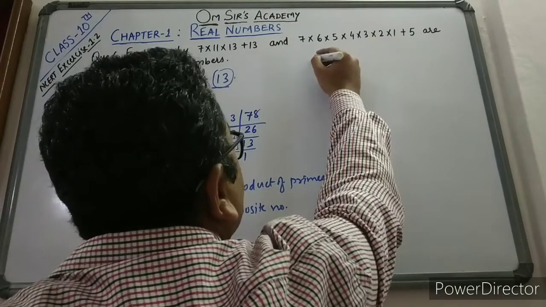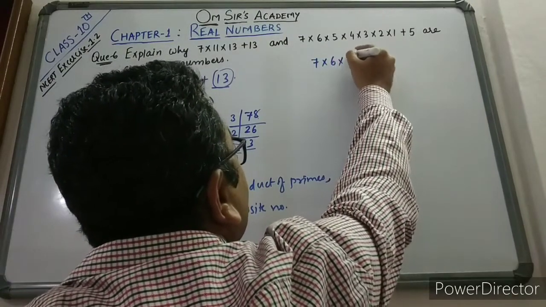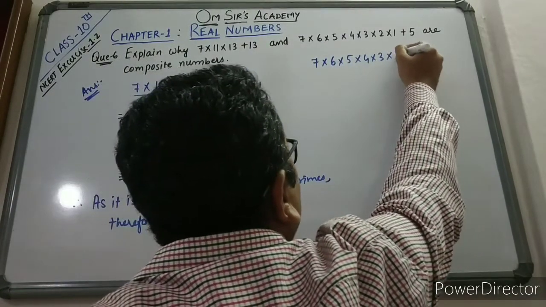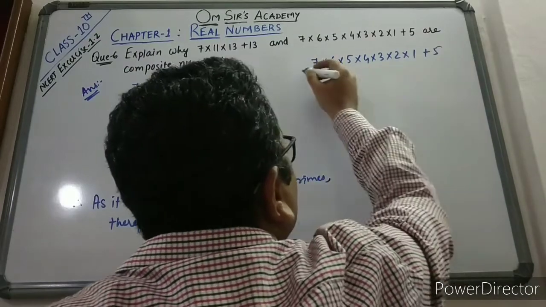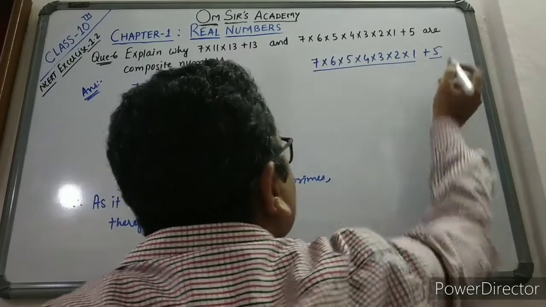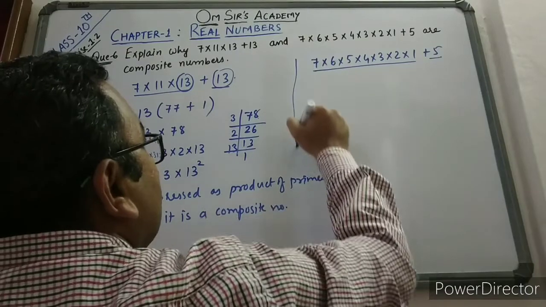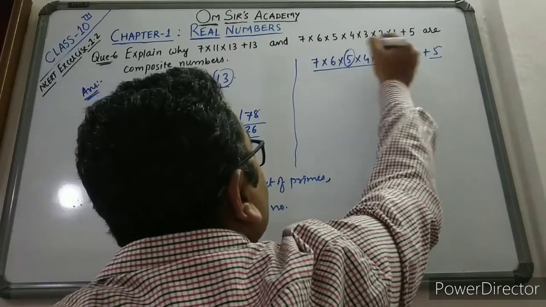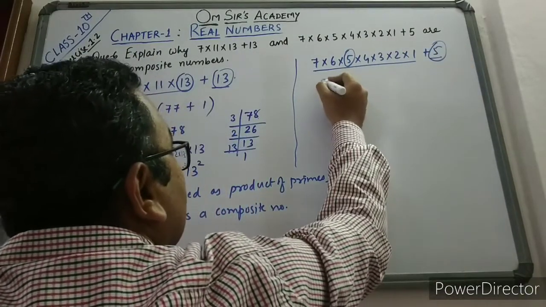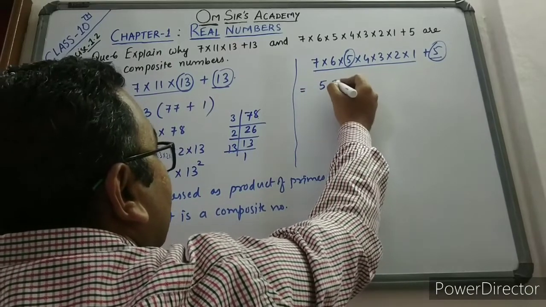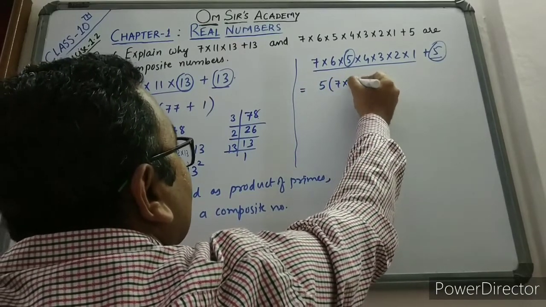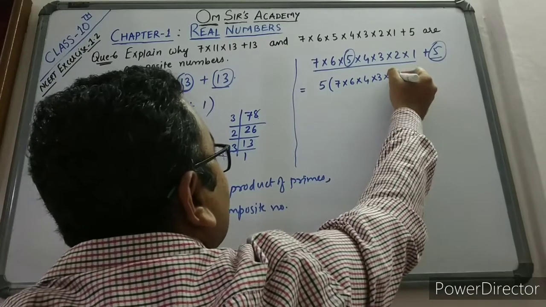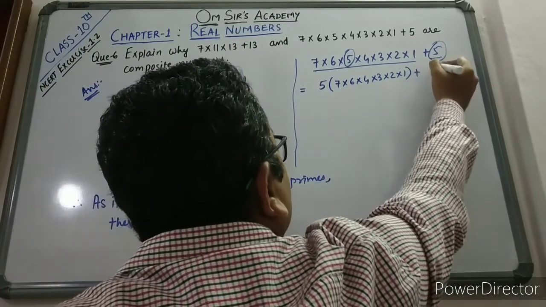Similarly, the other one, that is 7 into 6 into 5 into 4 into 3 into 2 into 1 plus 5. So this is one whole term and this is another term. In this case, what is common in both terms? 5. So if I take out 5, I can write it as 7 into 6 into 4 into 3 into 2 into 1 plus 1.